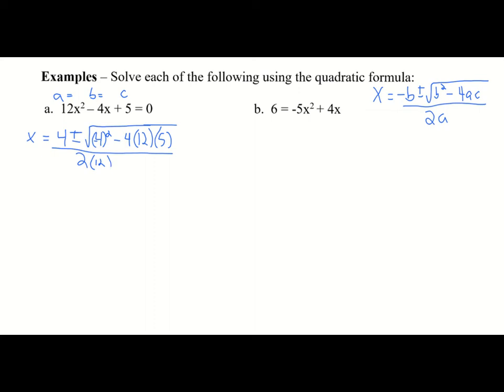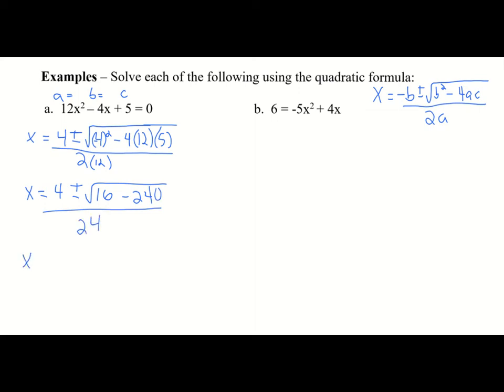So x is going to equal 4 plus or minus the square root of negative 4 squared is 16, minus, let's see here, 4 times 12 times 5 is 240. And that's all over 24, because 2 times 12.